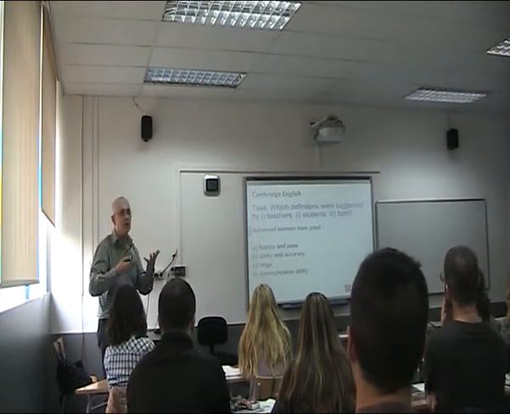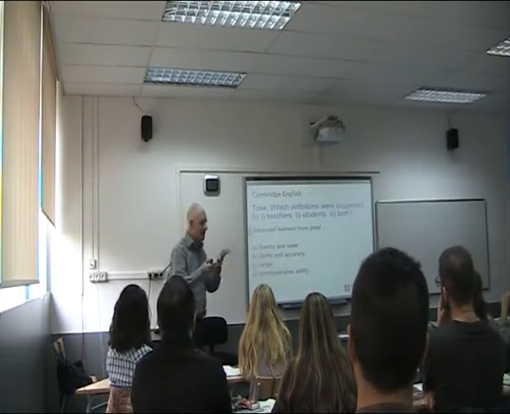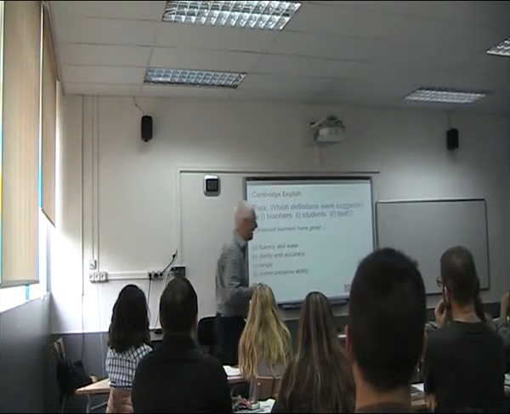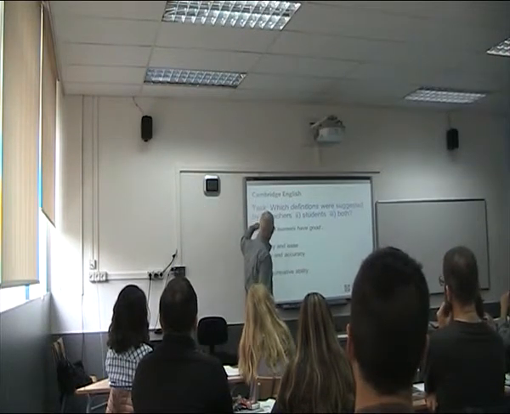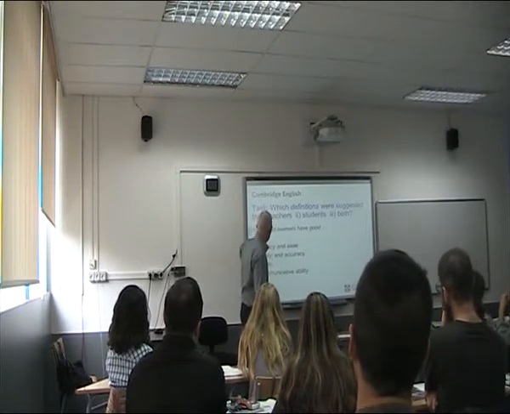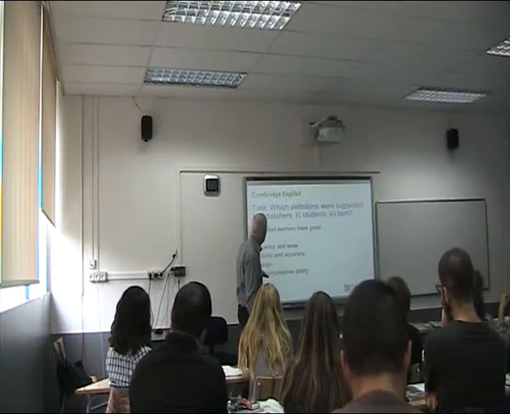So this is the first of a few prediction exercises that I'm going to do. It's basically a guessing game, and don't worry about being right or wrong, because you are literally guessing. What I'd like you to do is look at these four categories: fluency and ease, clarity and accuracy, range, communicative ability.